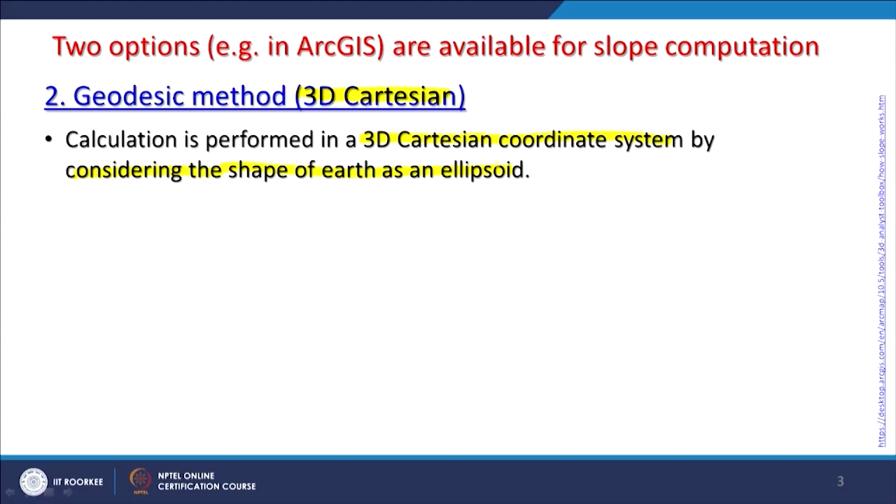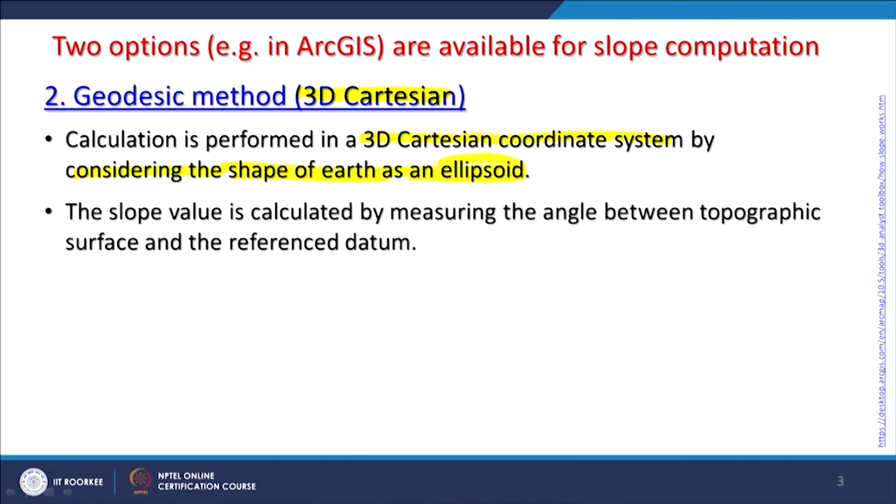As I have said, if a lot of variations are not present in the values of my input digital elevation model, then no matter which option I choose, I may get almost identical results. But if variations are there or I am covering a large area, then the shape of the earth will play a very important role, and there I have to take care of this ellipsoid issue.